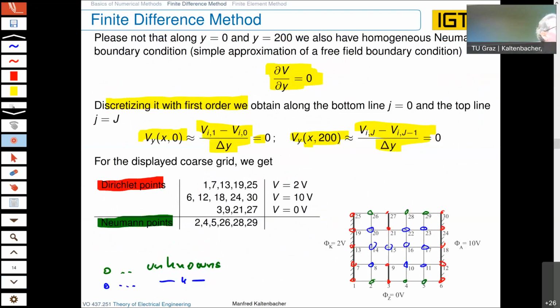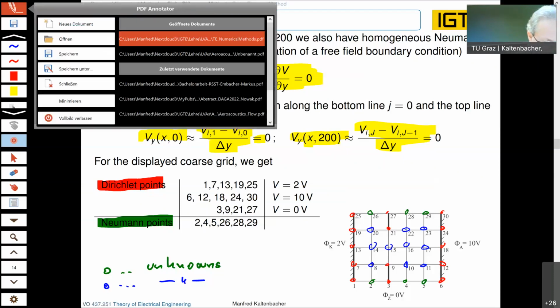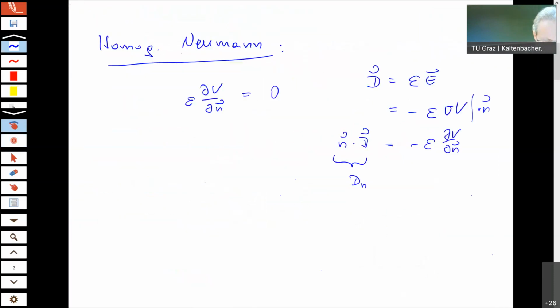Where do you think we have inhomogeneous Neumann? From the physical point. Very good question that you raised it up. No, let's keep electrostatics. We keep at the electrostatic field equation we just discussed. Perhaps I go to the slides here.